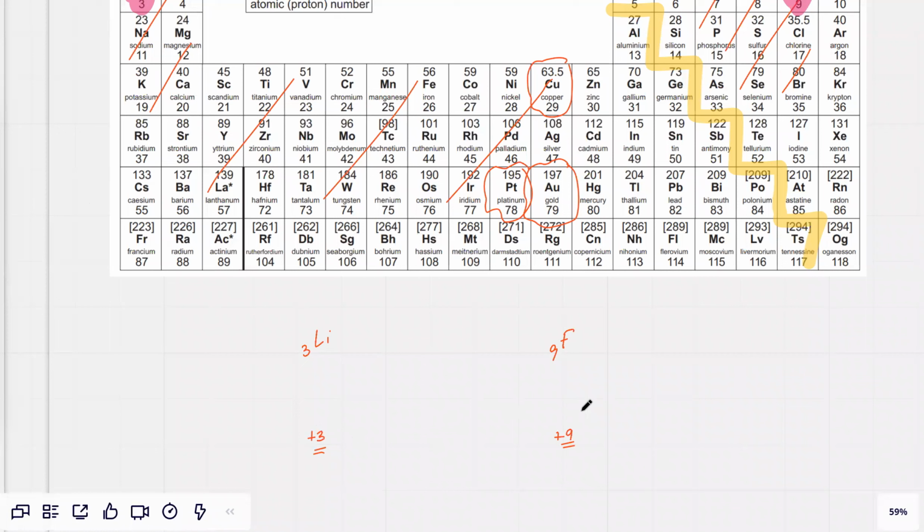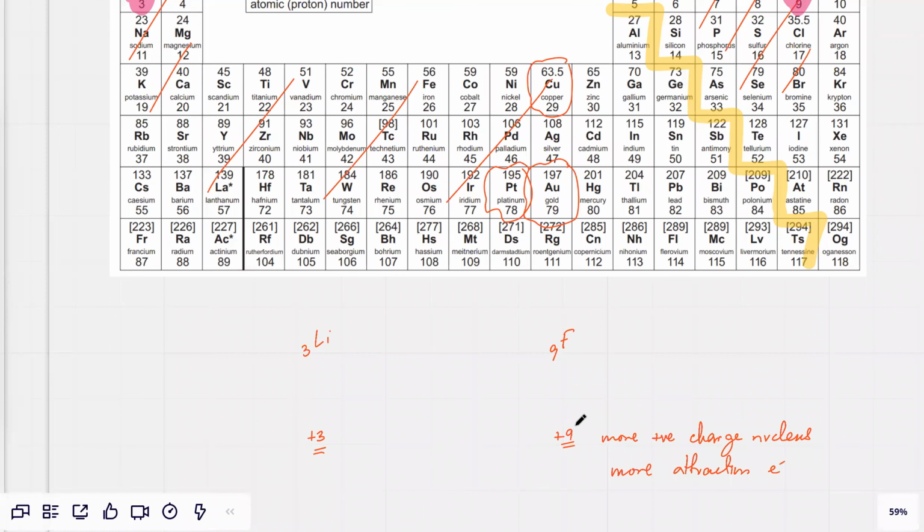This one has a much higher positive charge in the nucleus. So there's obviously going to be more attraction for electrons, a stronger attraction for electrons.